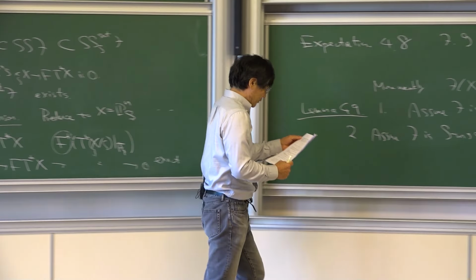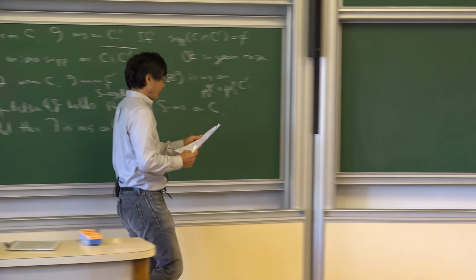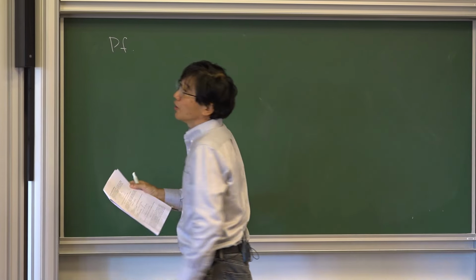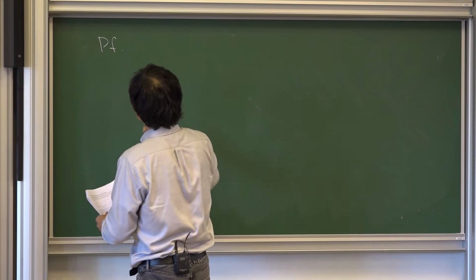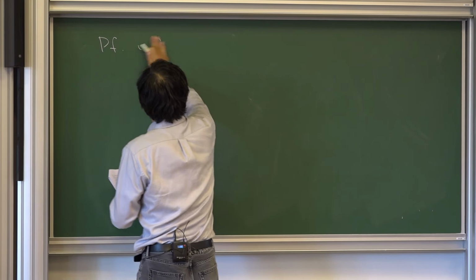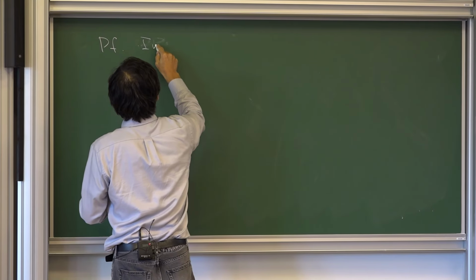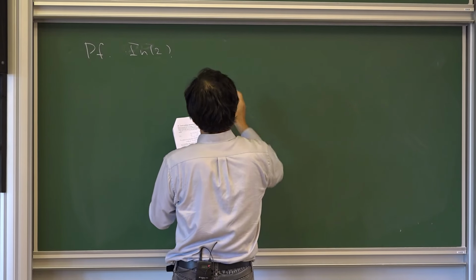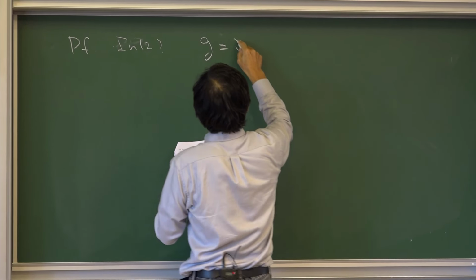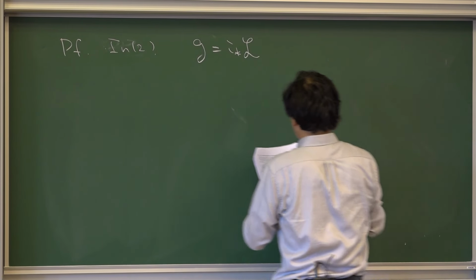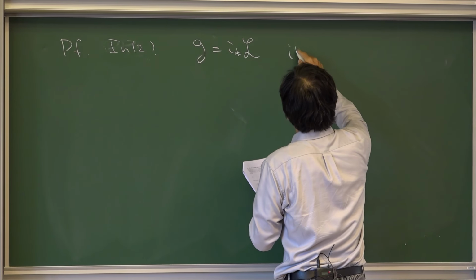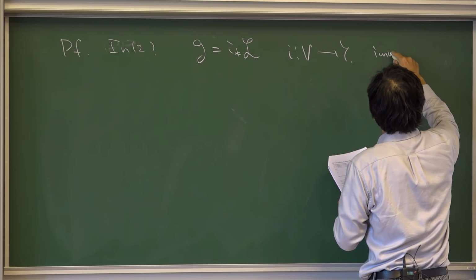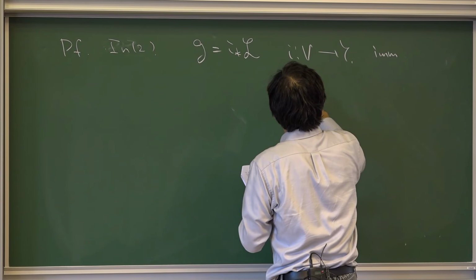Okay, let me try to prove this. So in the second condition, we may consider only G to be i star of L, where i is an immersion and L is locally constant.